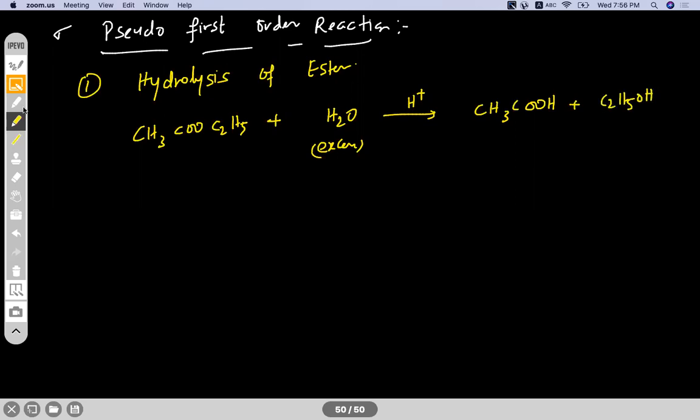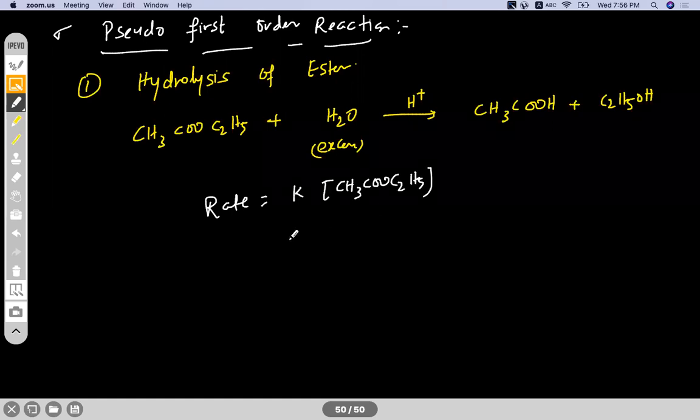So water is present in excess here. The rate expression is independent of water. It is directly proportional to CH3COOC2H5, right? So the order of the reaction is 1 here. N is equal to 1. Excess reactant, we don't consider.